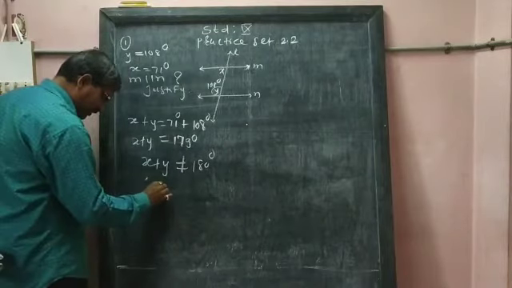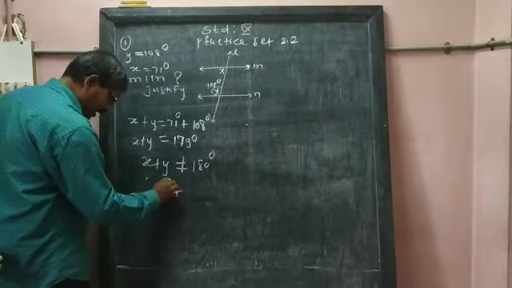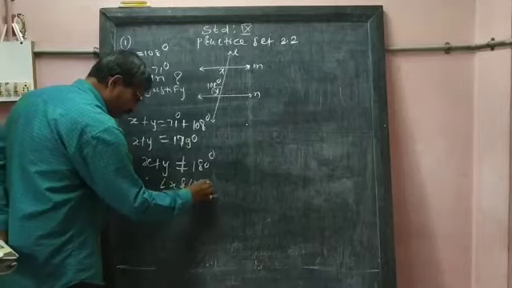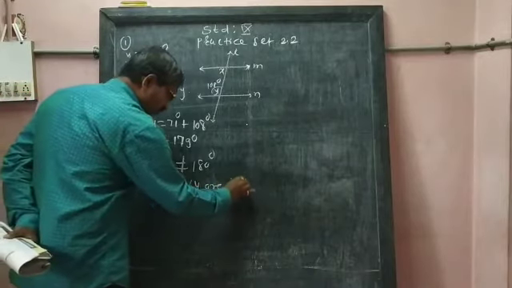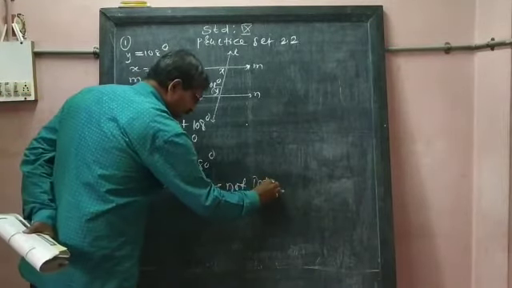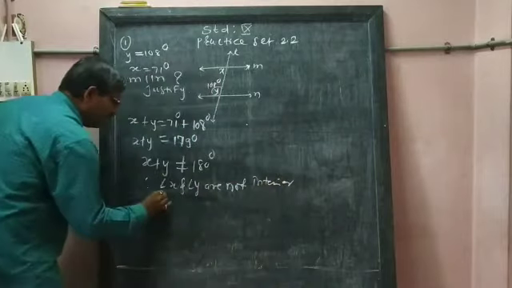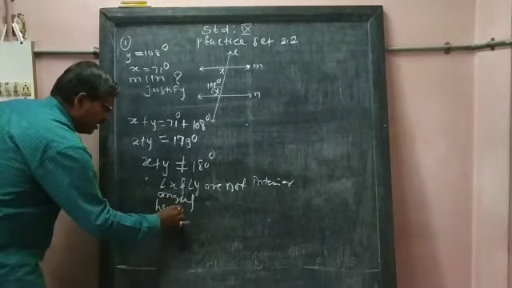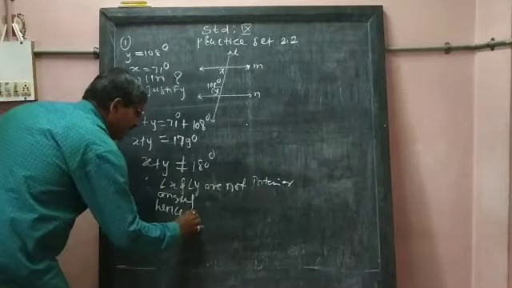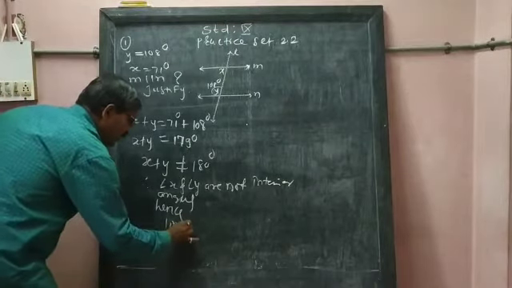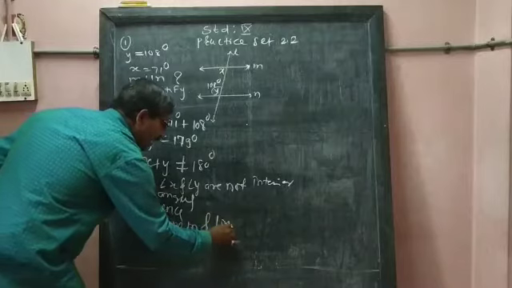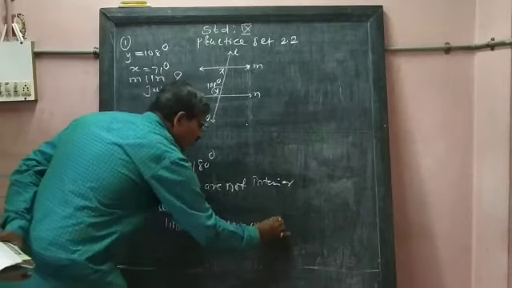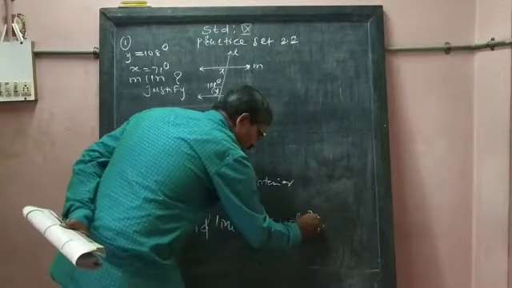Therefore, angle x and angle y are not interior angles. Hence line m and line n are not parallel.